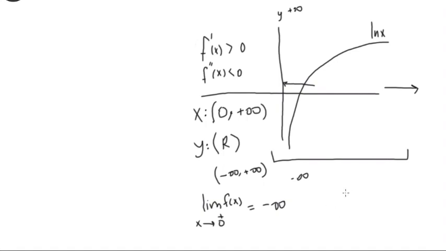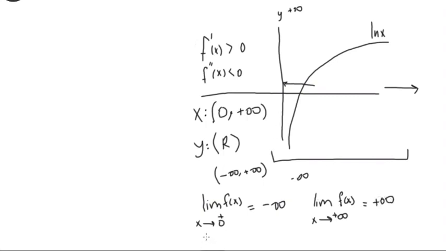But when we take the limit of f(x) when x approaches positive infinity, the result will be positive infinity, because the graph goes to positive infinity.